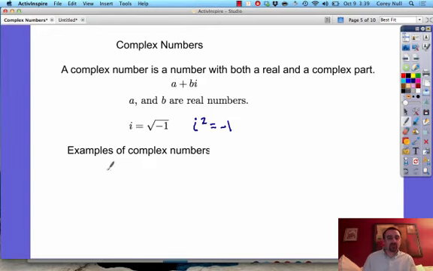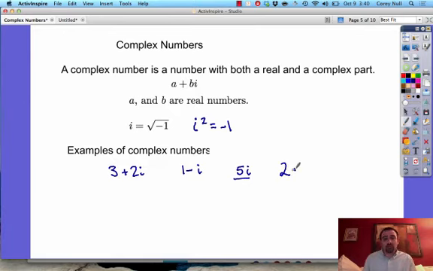So some complex numbers: 3 plus 2i. Okay. 1 minus i. Maybe 5i. Here, a is equal to 0, right? There is no real part to this number. Here's another number, 2.